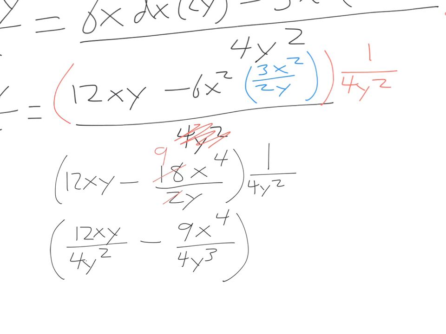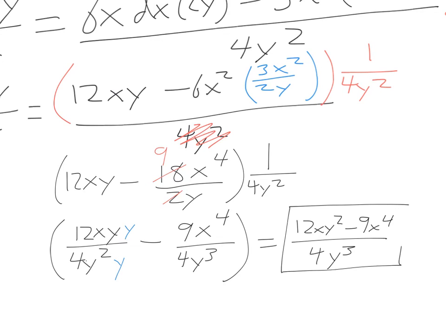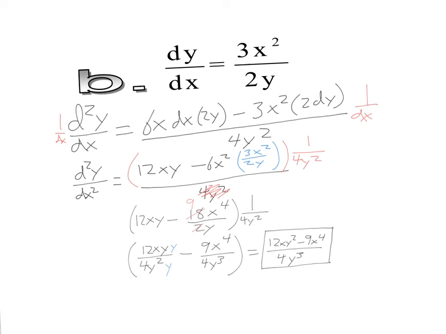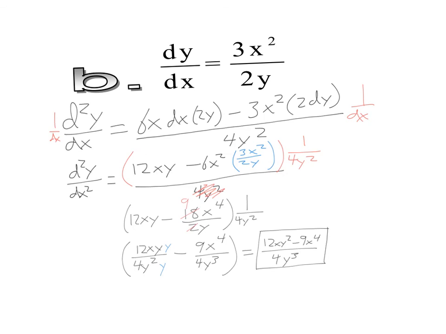And so I'm just going to multiply the top and bottom of this by y. And so I would have, everything would be over 4y cubed. And I'd have 12xy squared now minus 9x to the 4th. And there's the second derivative after using the quotient rule and simplifying it all down to getting common denominators.